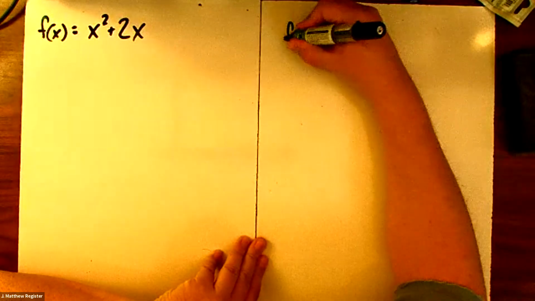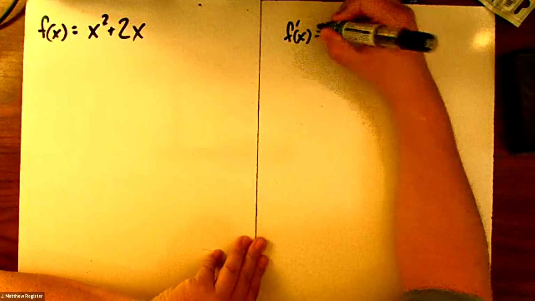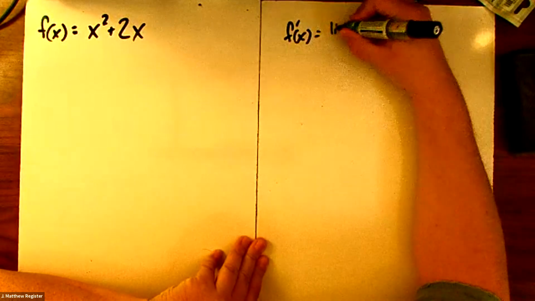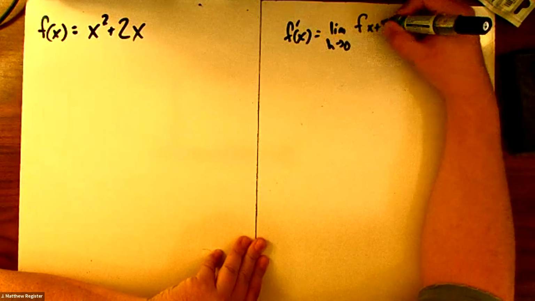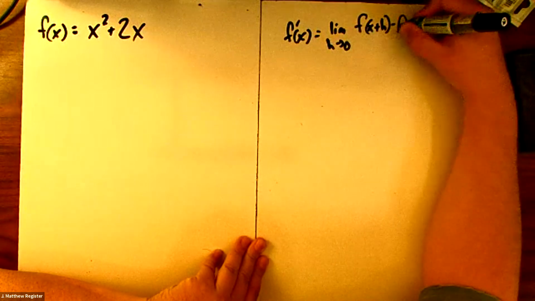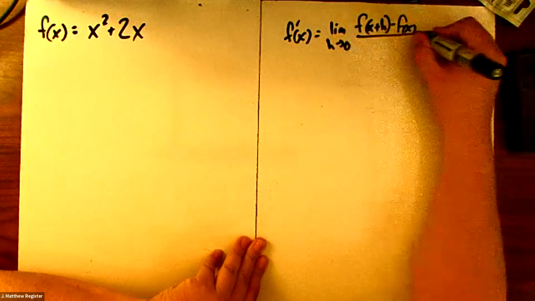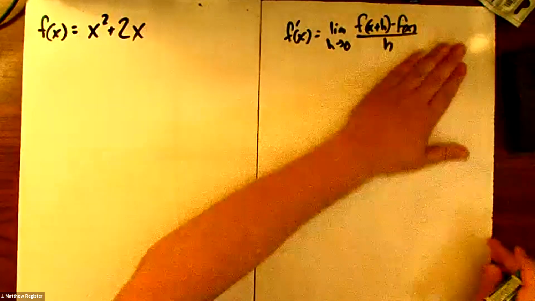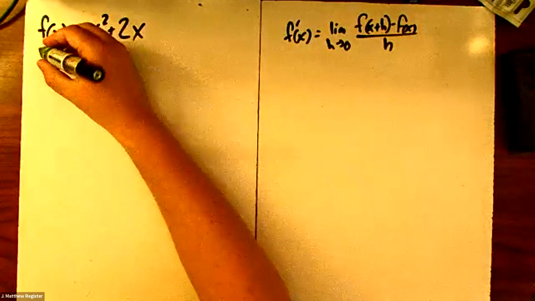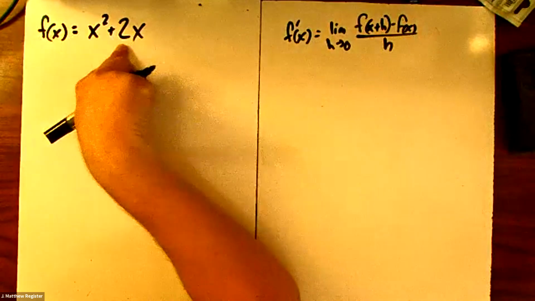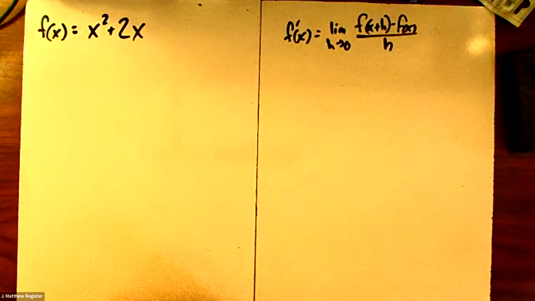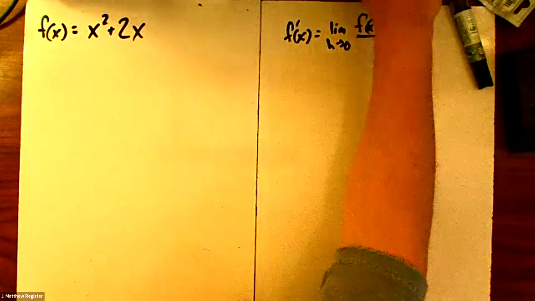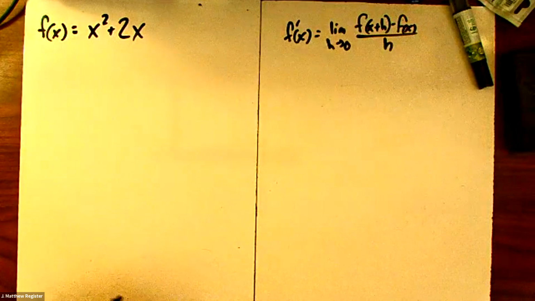Now remember your formula for the derivative. And so f prime of x is equal to the limit as h goes to 0 of f of x plus h minus f of x all over h. Well, when we want to calculate this, we need to figure out what f of x plus h is. We already have f of x, we already know what h is, but we don't know what f of x plus h is.